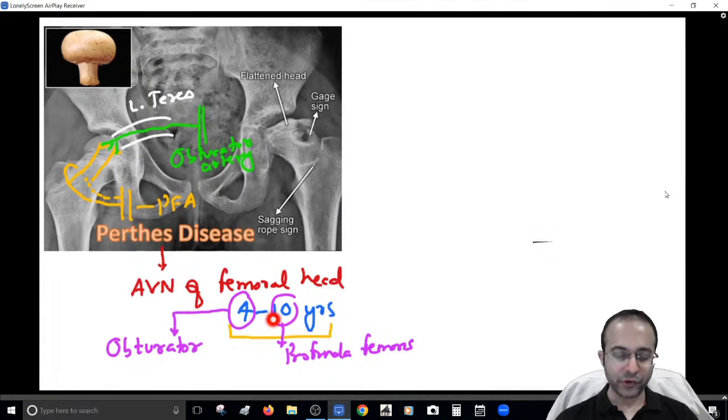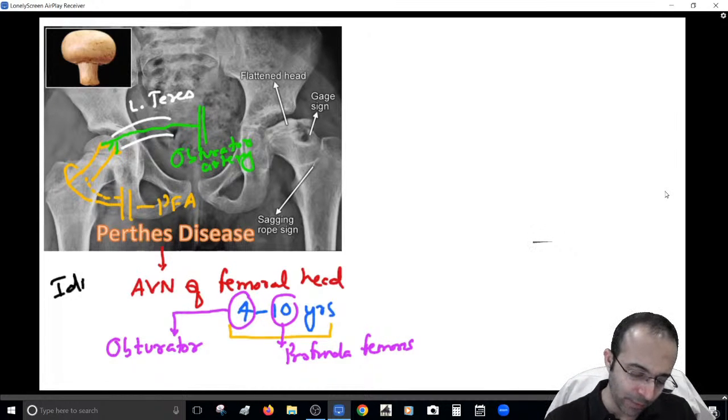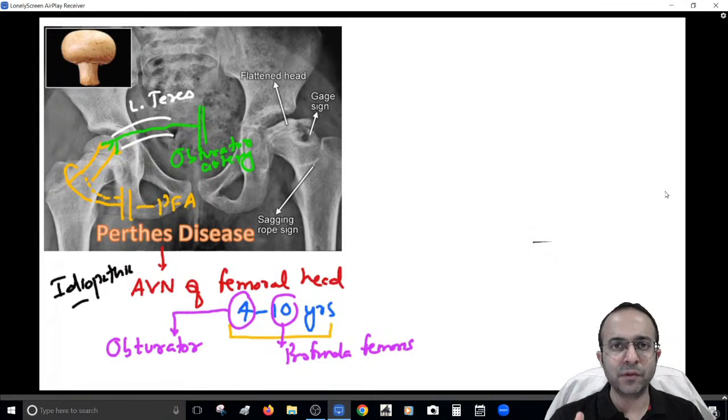So this is a watershed age where obturator branches are receding and profunda femoris are penetrating. So because of some unknown reason, idiopathic, maybe some minor fall, maybe some minor infection, maybe some synovitis in the hip or whatsoever, maybe a developmental issue, a brief phase comes when this transition is not happening properly.